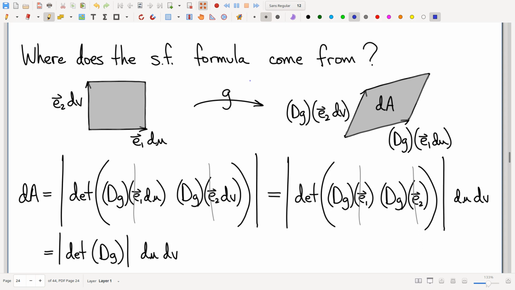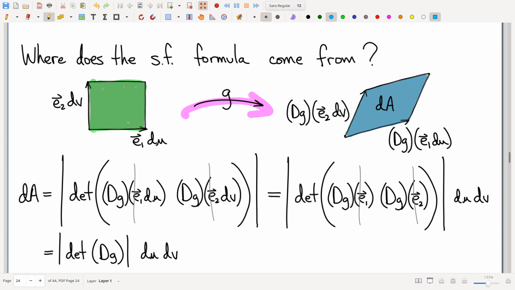So the big idea is, reminder, presuming that we have a little piece of the pullback domain, and our change of variables function is going to do something to all of those points to produce an image which we would expect to be vaguely parallelogram-like, what is the constant of proportionality between these two areas?